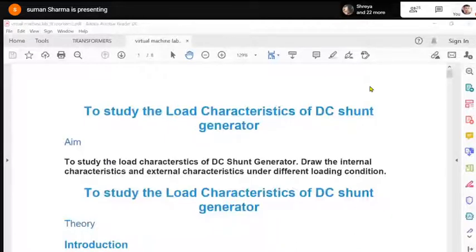So the internal characteristic is the AD curve, then the external or load characteristic is the AC curve. The AC curve shows the external characteristic of the shunt wound DC generator. It shows the variation of terminal voltage with the load current.